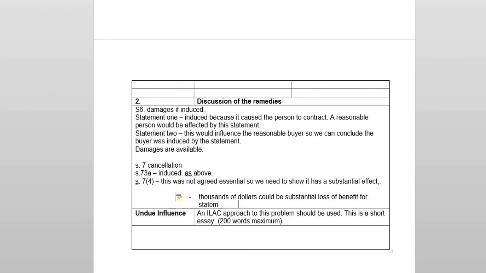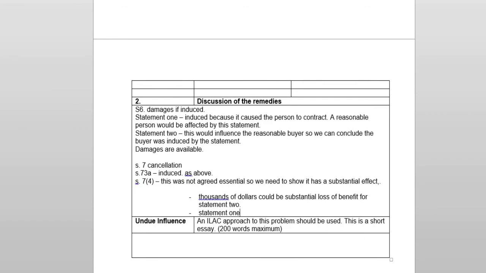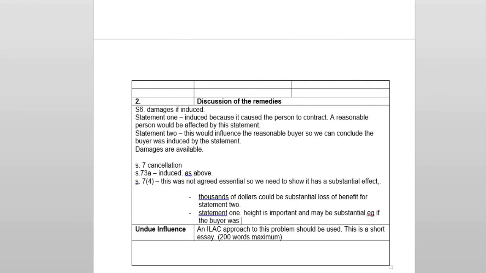For statement 2. For statement 1, height is important and may be substantial. If the buyer was 2 meters, was 2.1 meters tall, that's rather a big person, but never mind.